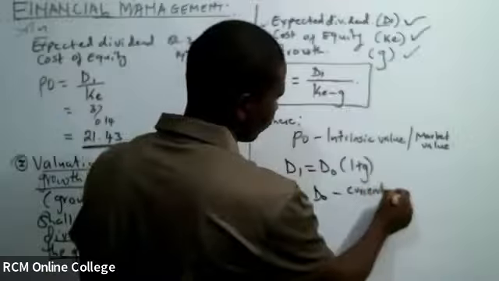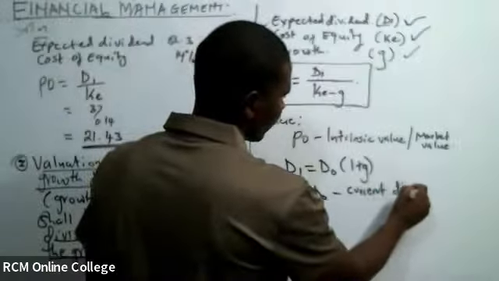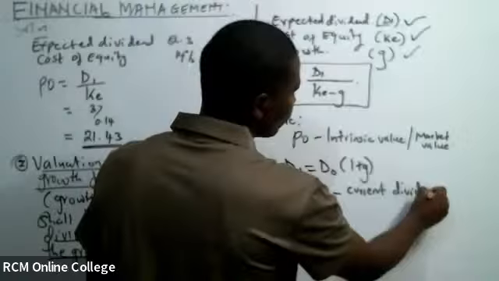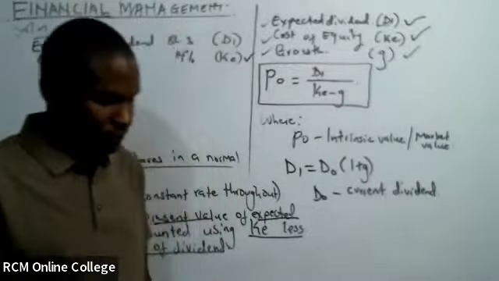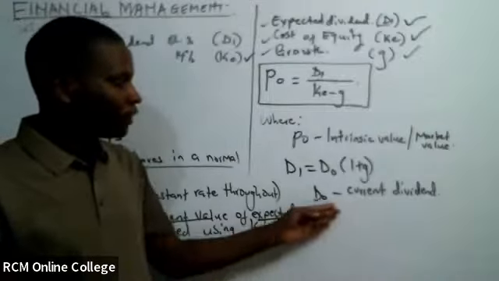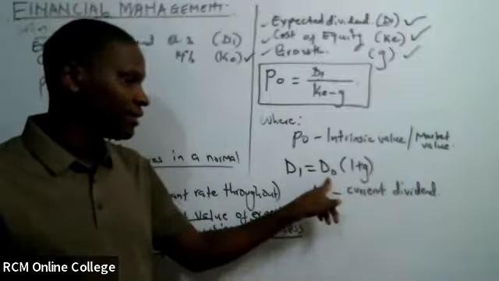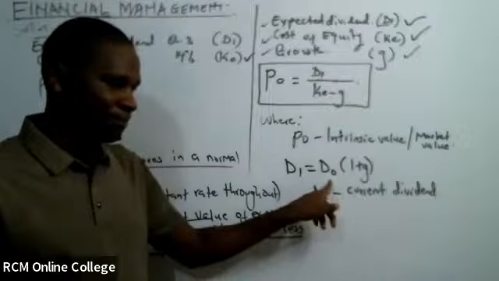I think that is the item that we didn't have, and now we have introduced it. Very important. The dividend for the current year is represented by D0.